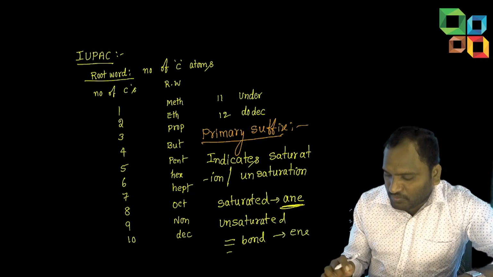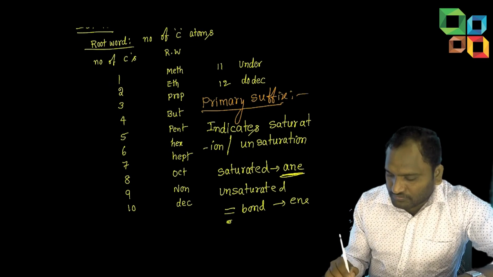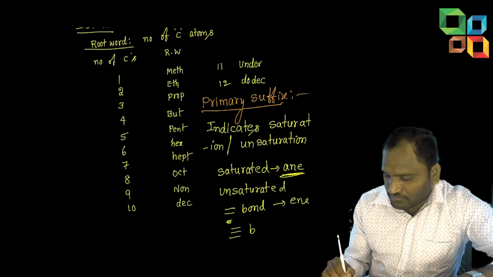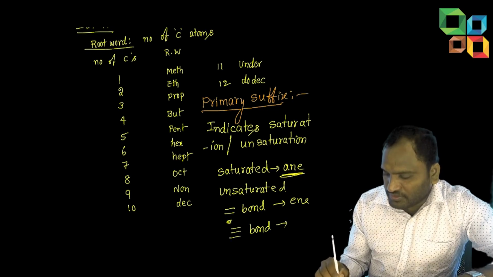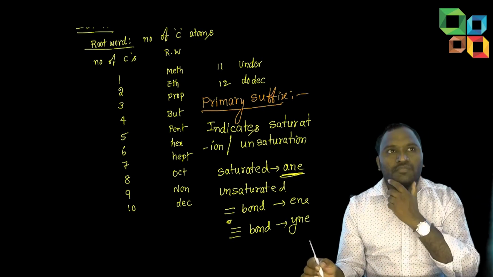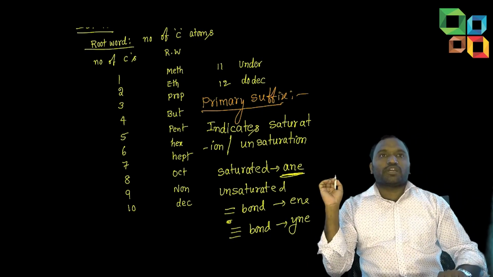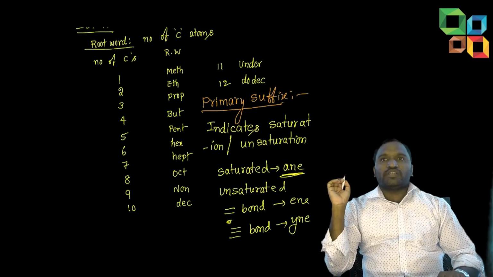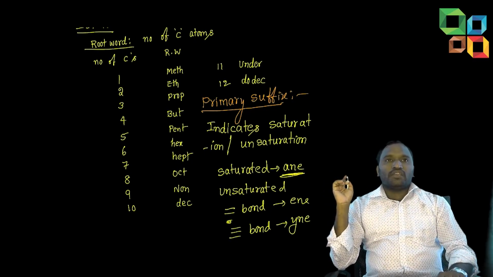If it is a triple bond, primary suffix is yne. Understood, students? What is the importance of primary suffix? You'll get to know whether it is alkane or alkene or alkyne.